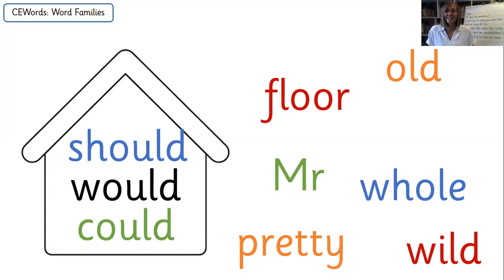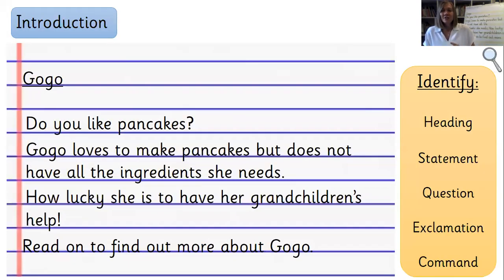Now, let's start by having a look at our introduction. So you might remember in our last session, I was writing about Gogo, and I looked at my introduction having all 4 sentence types, and we spotted them on my piece of paper behind me and looked at them on your screen too. So you know that today your introduction needs a question.